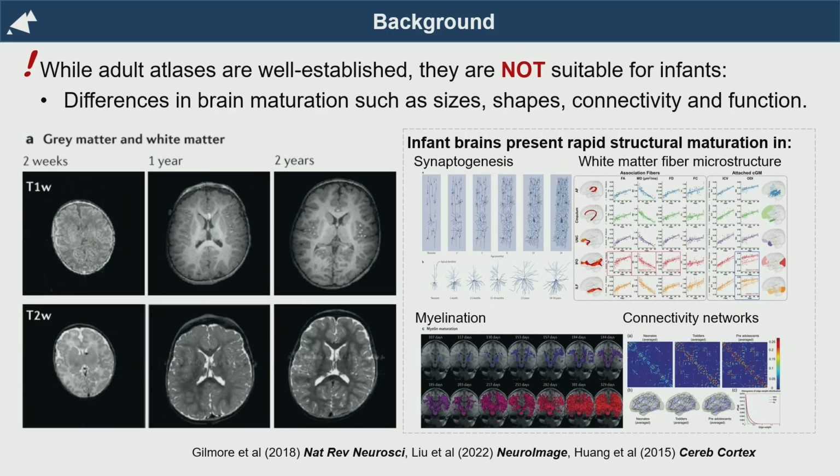But while adult analyses are well established, they are not suitable for infants because of differences such as brain size, shape, connectivity, and function. Besides, the infant brain undergoes rapid structural maturation in synaptogenesis, white matter fiber microstructure, myelination, and connectivity networks.